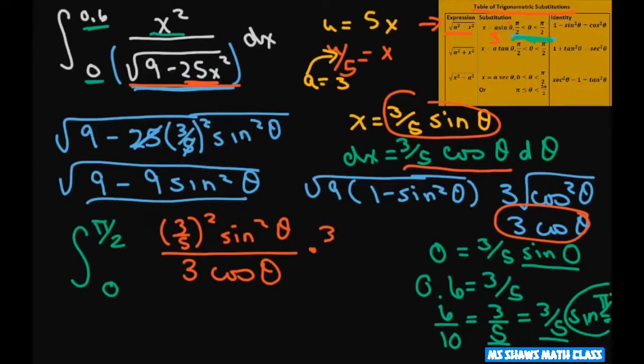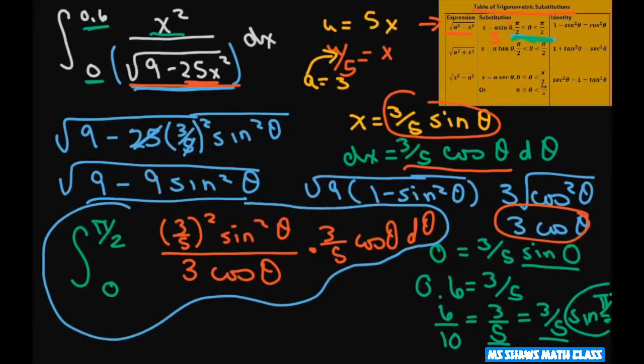That's going to be 3/5 cosine theta d theta. So this is what we have so far. All right. So I'm going to clean this up on the next section.